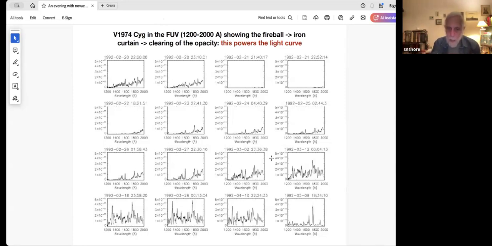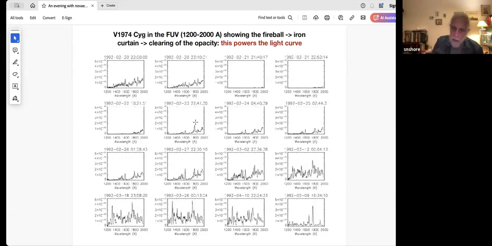The recovery takes weeks. And you see that what happens is first you start getting these little windows. These are not emission lines. The spectrum is so dense and so complex. It's these lines overlapping each other and then slowly having them clear out.